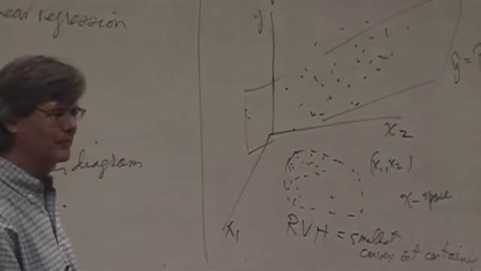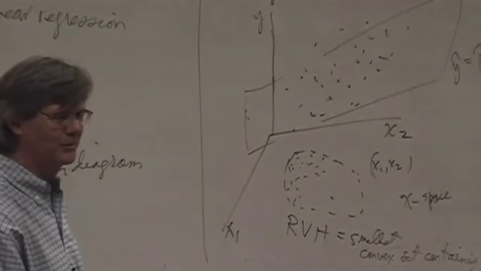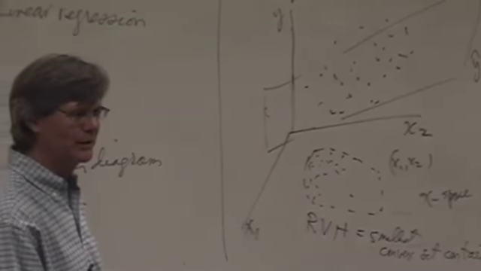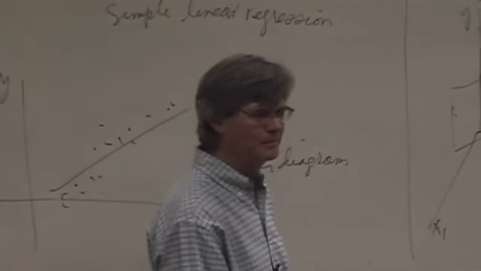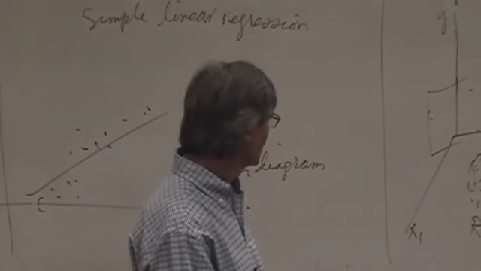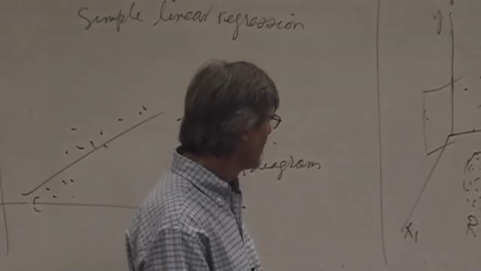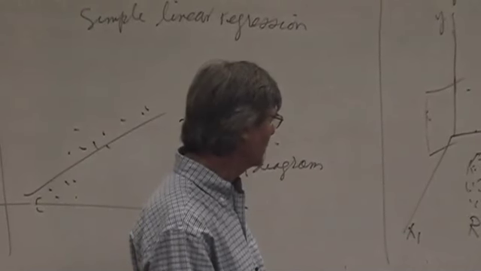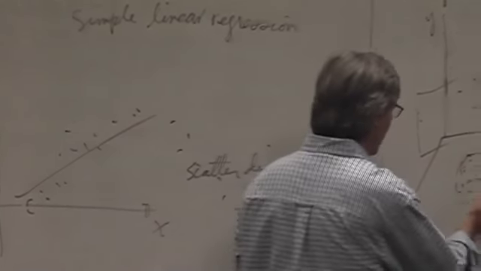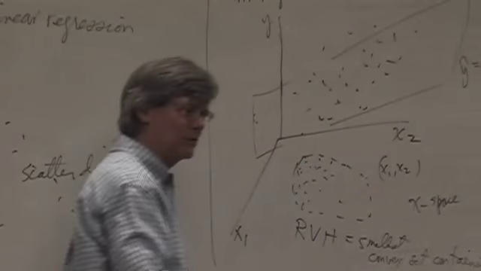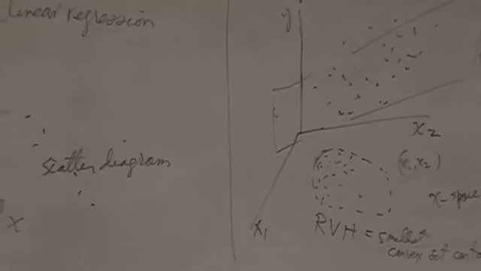Okay. Ellipses are common in statistics because of the joint normal distribution. So I'm not going to say exactly how that ellipse would be associated with this regressor variable hull. That's a non-trivial business.